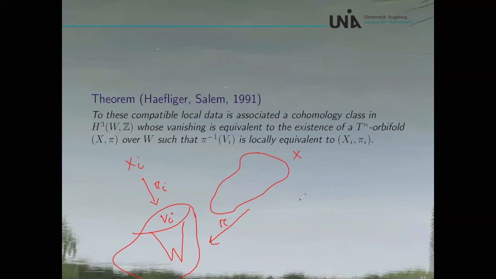It says that pi inverse of V_i and X_i are locally T^n equivariantly diffeomorphic.